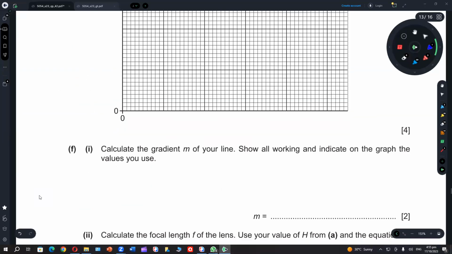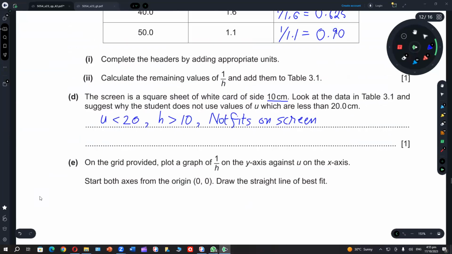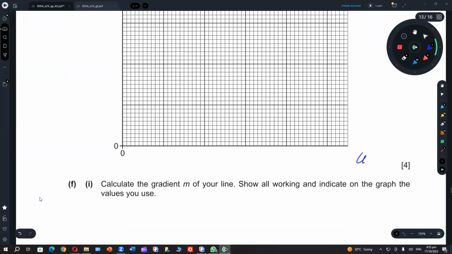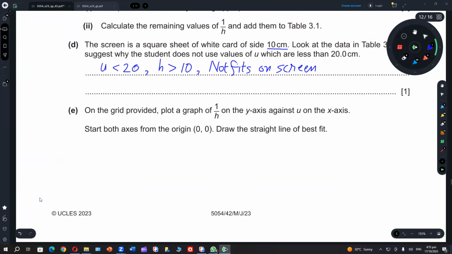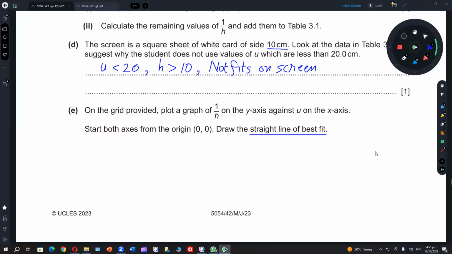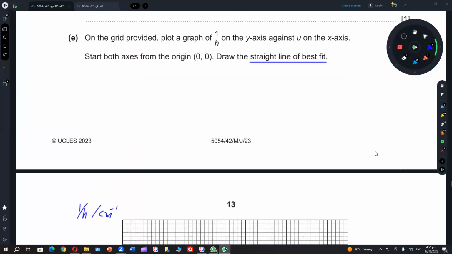He says start both axes from the origin, and draw a line of best fit. He is not using the word straight line, so it should be a best fit line.